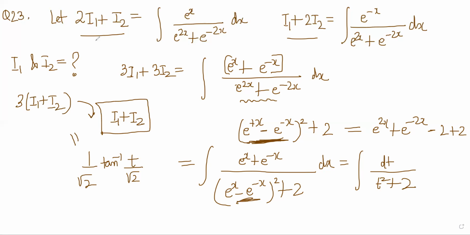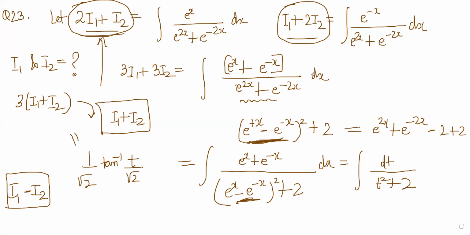Once you have I1 plus I2, you can just subtract from here, right? Correct. Or instead of doing any simplifications here, let's just subtract this equation and this equation, and you would get I1 minus I2.